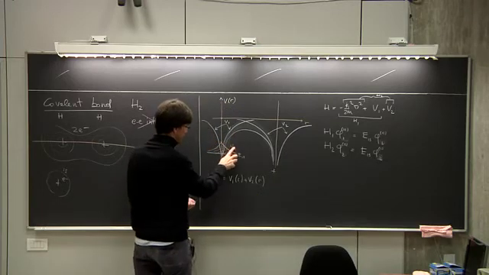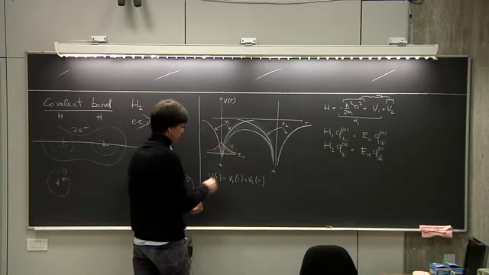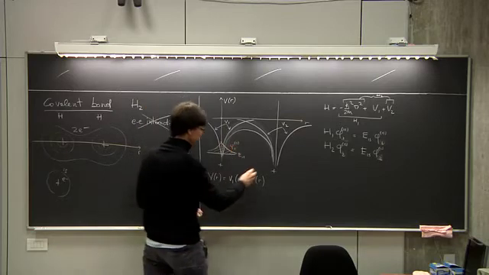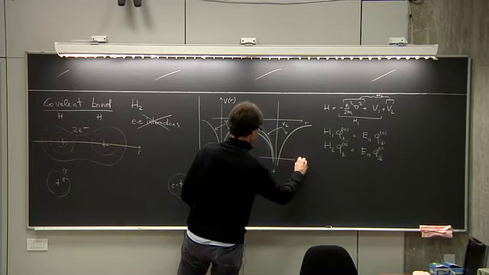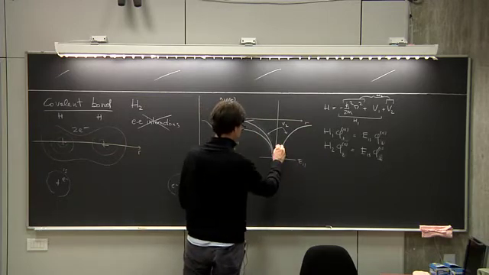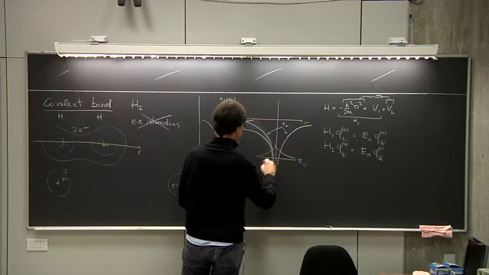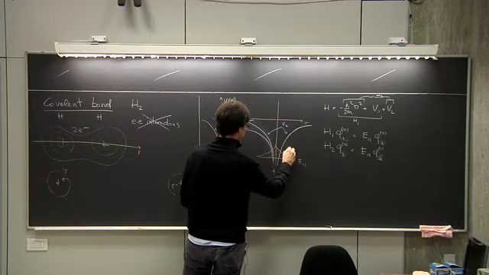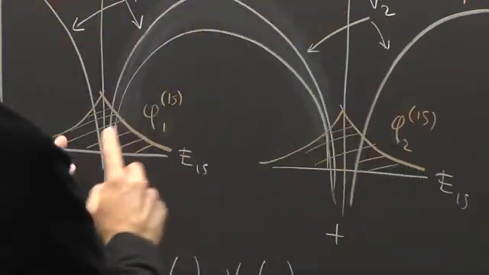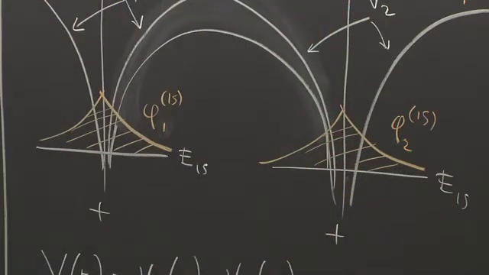So this is 1s 1, and here I have E1s. It's the same orbital, simply centered in a different position.